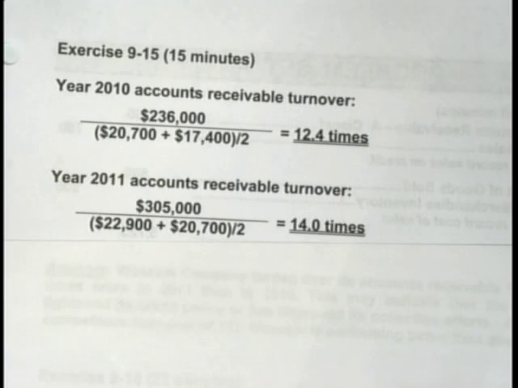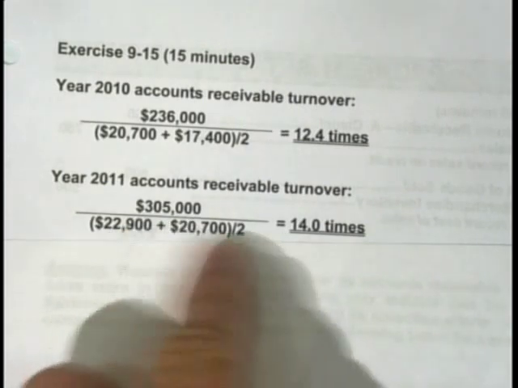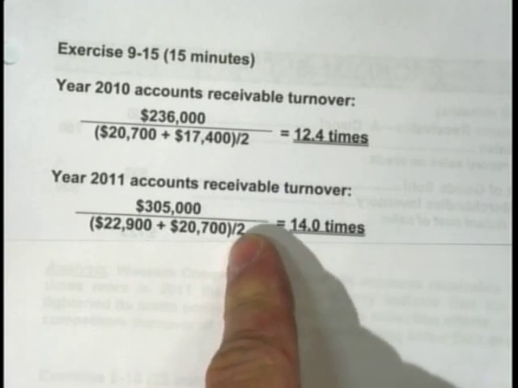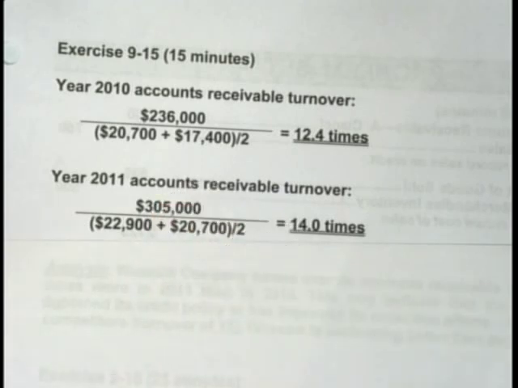If you just say 236,000 divided by 20,700 plus 17,400 divided by 2, and that's the way you enter it into your calculator, you're going to get an incorrect answer. You have to pay attention to your order of operations. You have to add these two together first, then divide it by 2 to figure out what your average is, and then take the numerator divided by that. So be careful with that, okay?